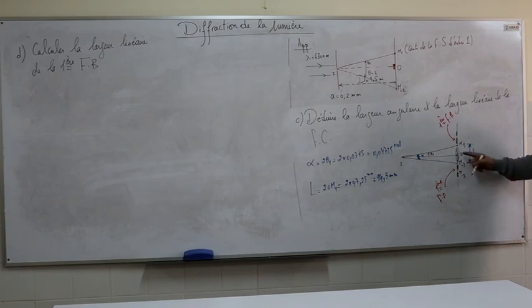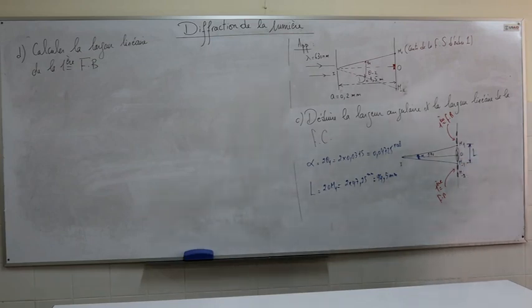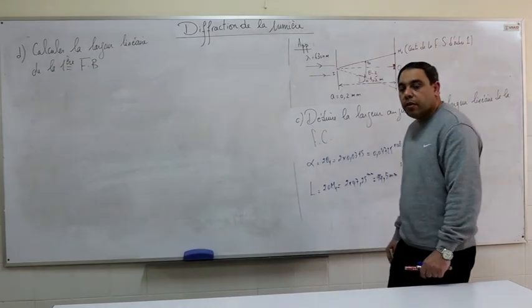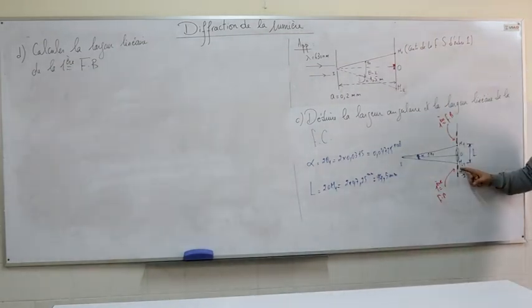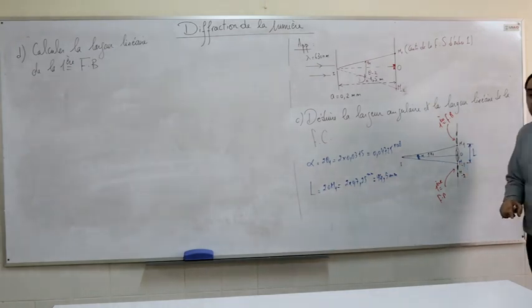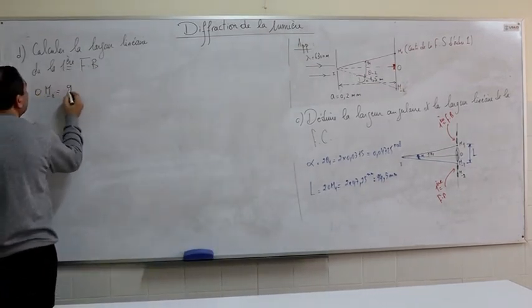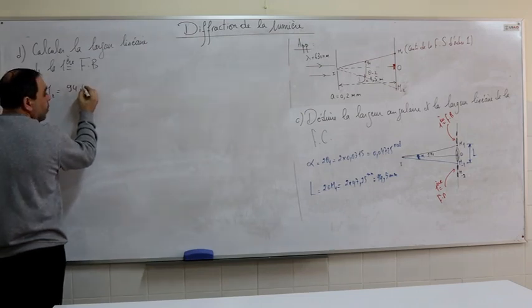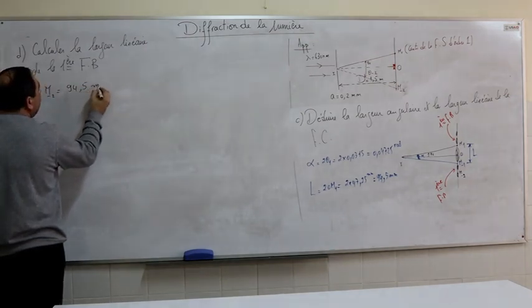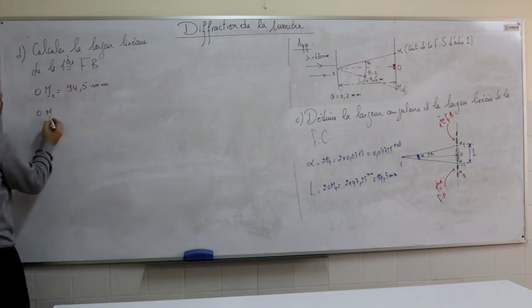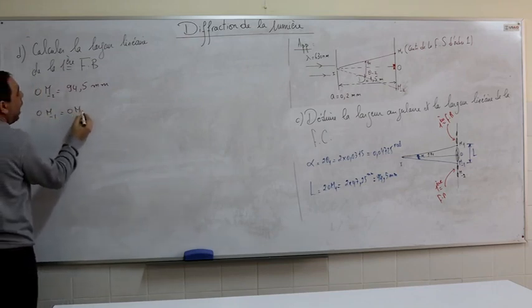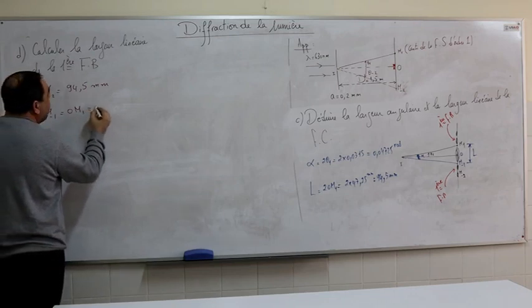And from the previous part, we found OM1 and OM-2. OM-2 is equal to 94.5 millimeters, and OM-1 as a distance is equal to OM1, which is equal to 47.25 millimeters.